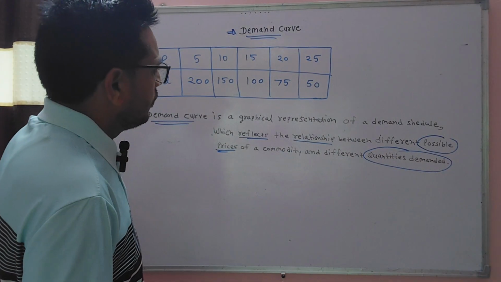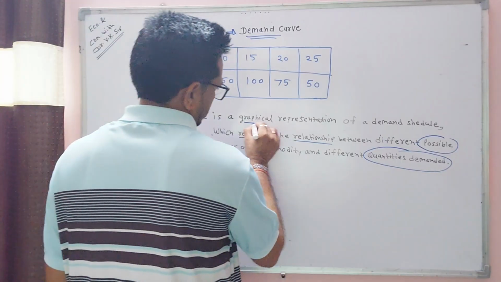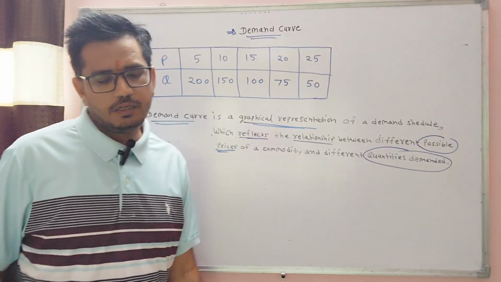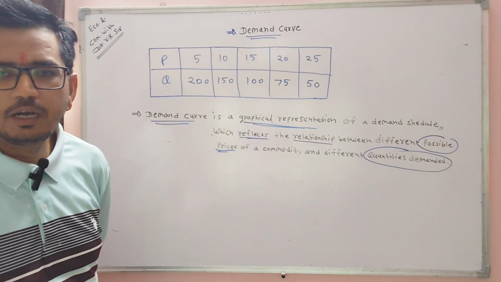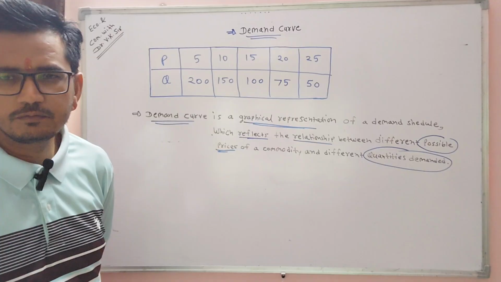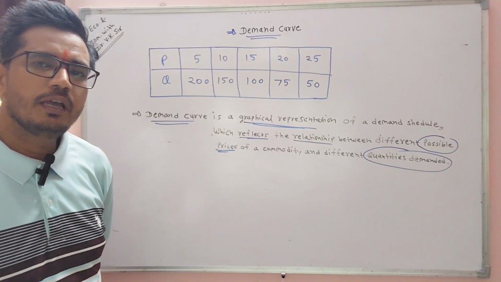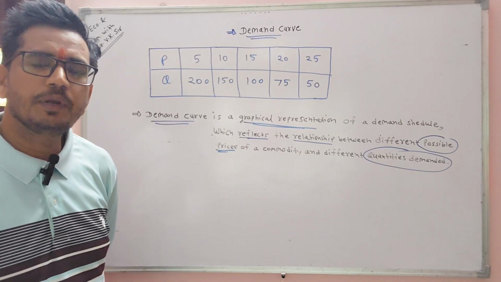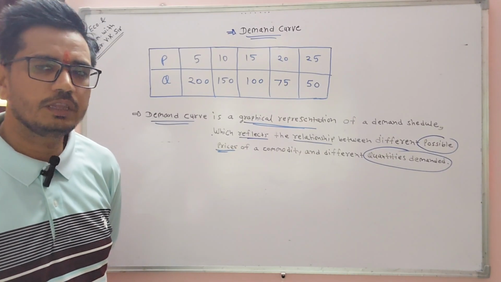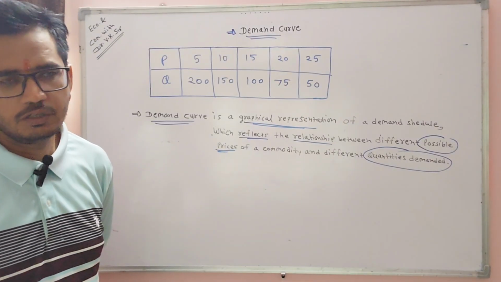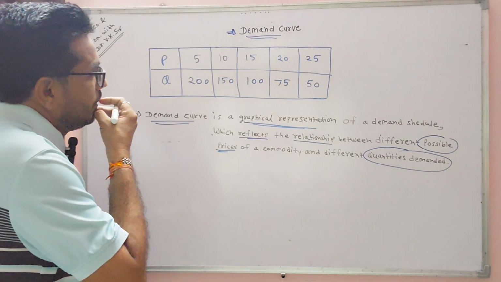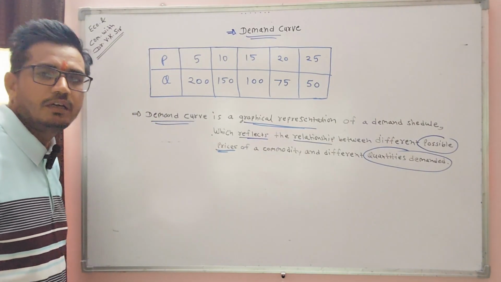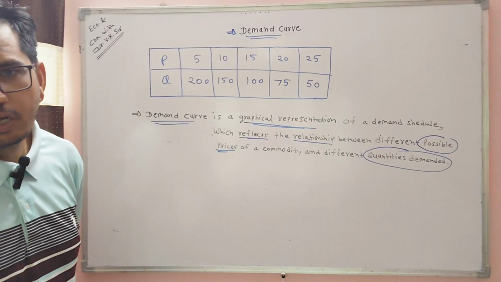Let's go. What is a graphical representation? When we make a diagram on a graph, any text, any data, any value we present on a graph, that's a graphical presentation. So you are saying there is a table that reflects price and quantities.